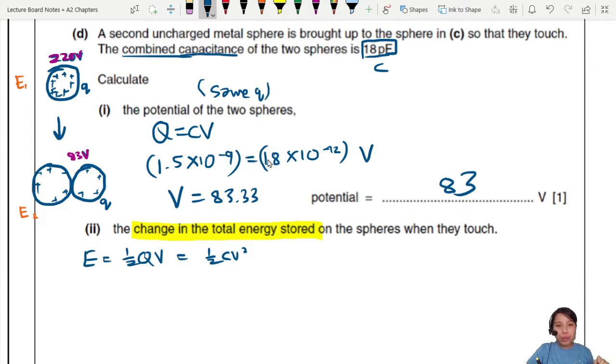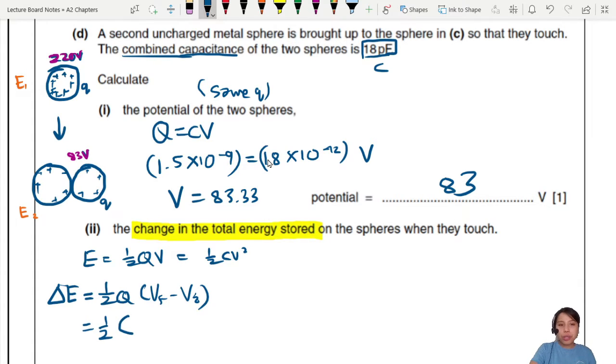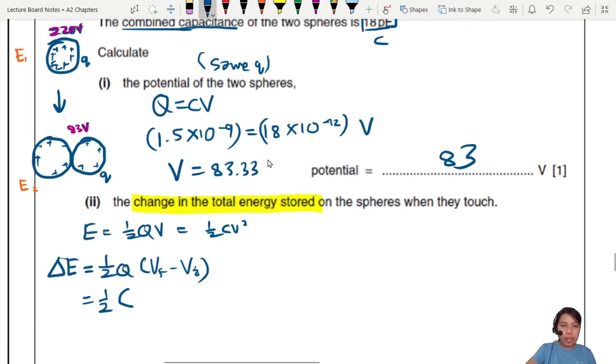So I'm going to use half QV. Delta E will be, Q is the same, right? So half Q times V final minus V initial or something like that. Okay lah. So half charge stored is 1.5 times 10 to the negative 9. So let's write that down. And what is the change in potential? At first it's 220, now dropped down to 83.